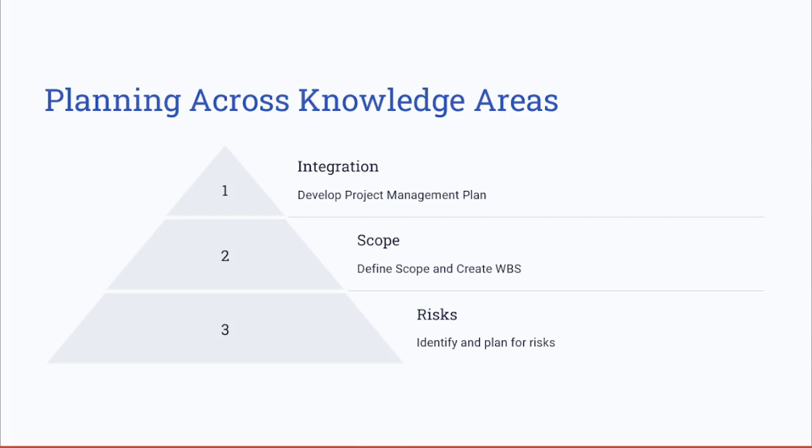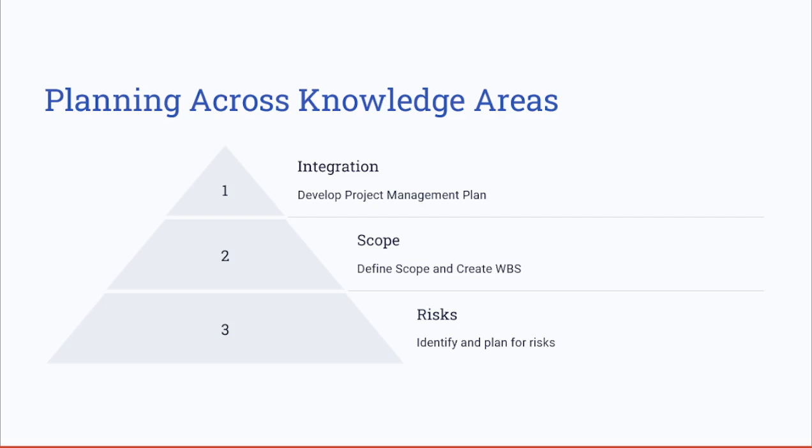Planning across different knowledge areas. Planning activities are spread across all of the 10 knowledge areas which we have learned earlier, each contributing to a specific aspect of project management. Integration management oversees the development of the project management plan, ensuring coherence among all of the other plans.